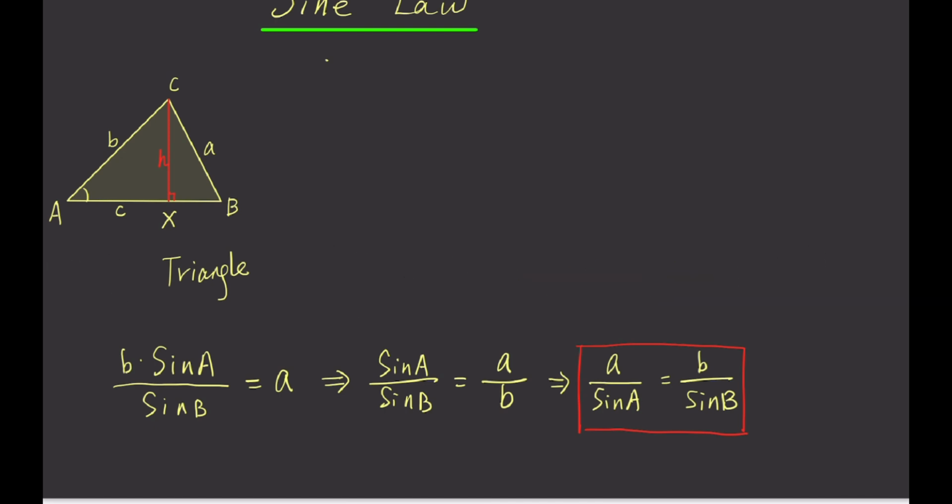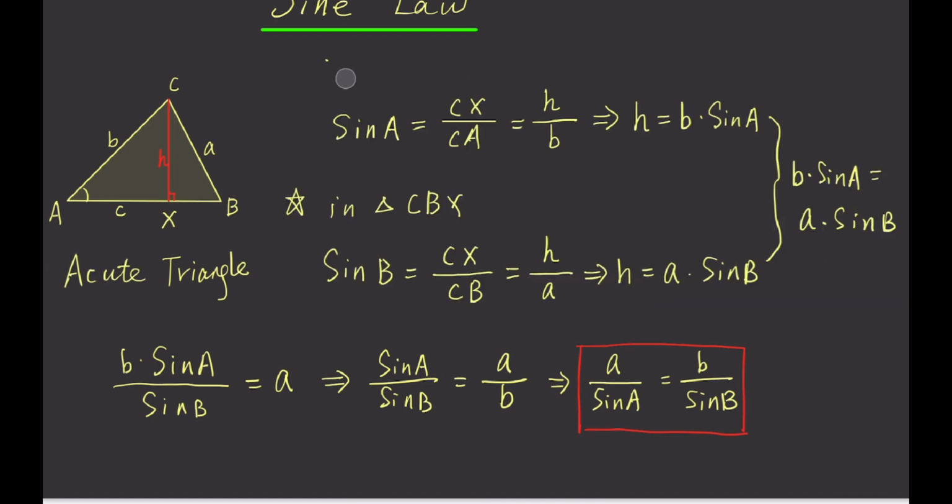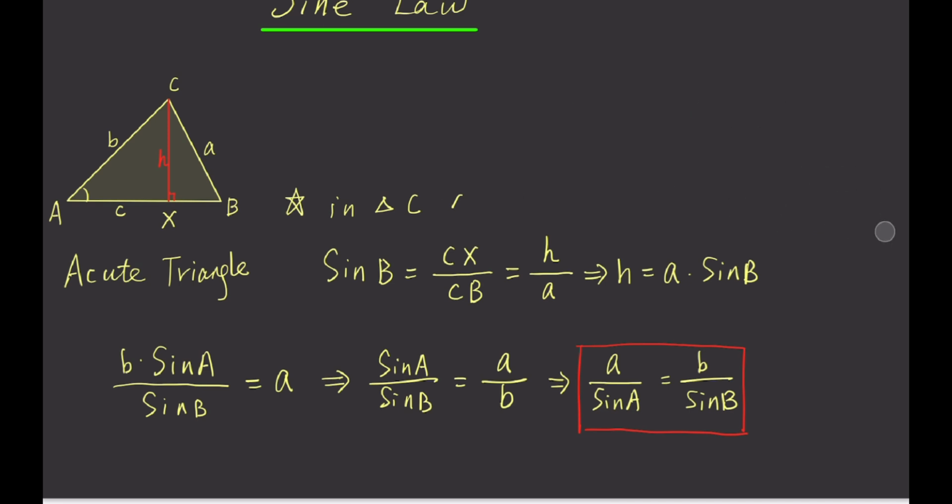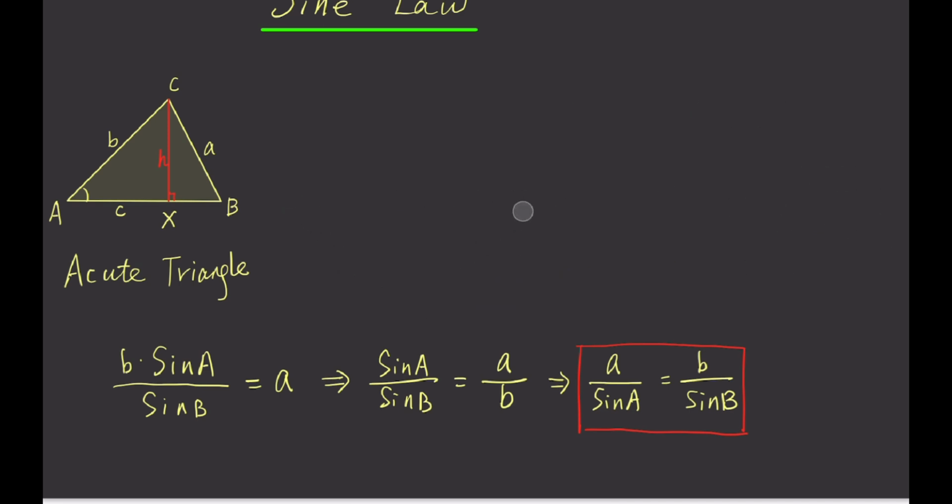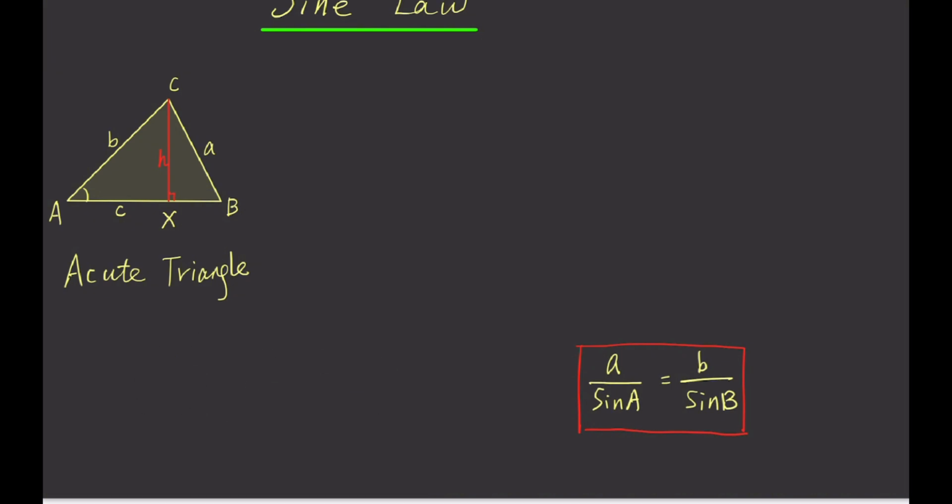Still the same triangle, but this time we want to draw a new height from another vertex to another side. That is to say, this time we draw the new height. Here it is X. So this time the height is represented by H.